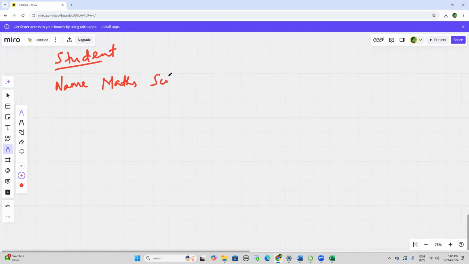This is the score in science, and this is the score in English. I'm showing you from a SQL perspective, like how we store data. It says student A, student B, and we have a student C. So A has scored, let's say, 85 in mathematics, and in science it is 90, and it is 80.